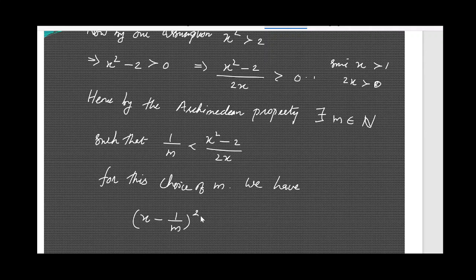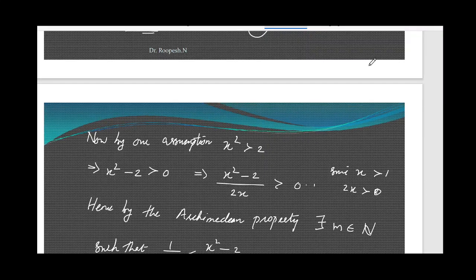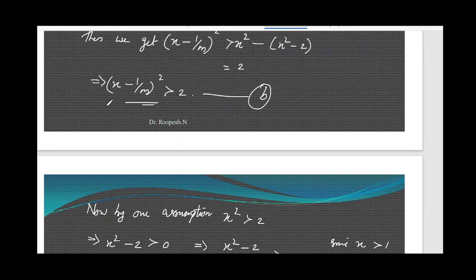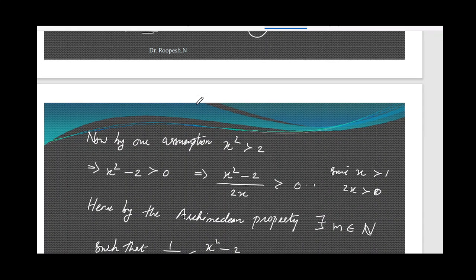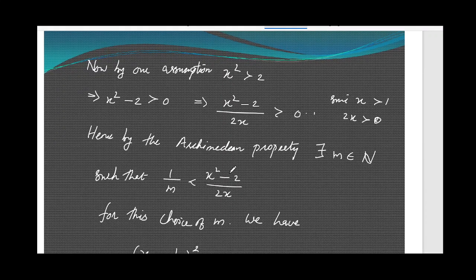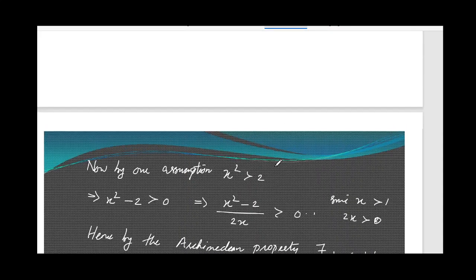We have said that by your equation B, this is greater than 2, if we can select such an m. Okay, so we have this 1 by m is less than (x square minus 2) by 2x.